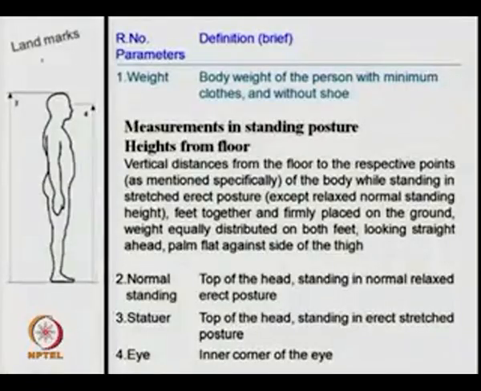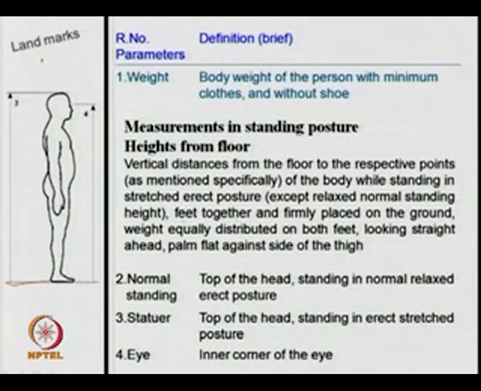Now, the heights. These are measurements in standing posture, heights from the floor. If this is the floor, what are the heights? Vertical distances from the floor to the respective points, which we are going to discuss now, of the body while standing in stretched erect posture, except relaxed normal standing height.